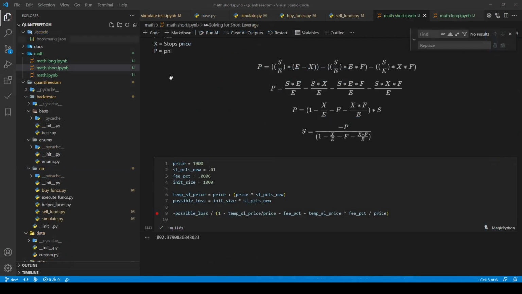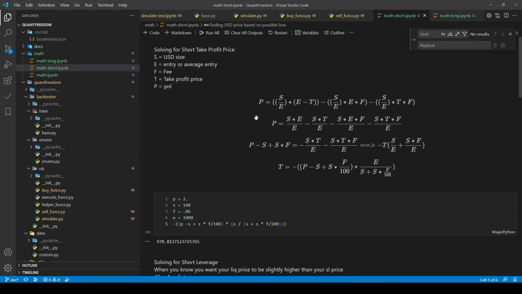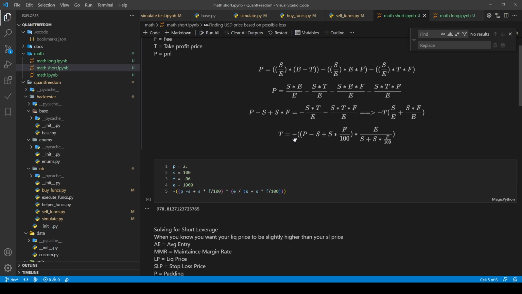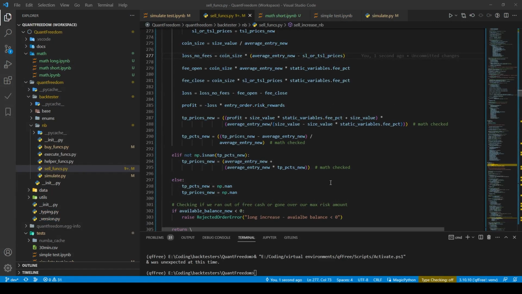Okay, so now here, solving for short take profit price. So here we have negative, okay?